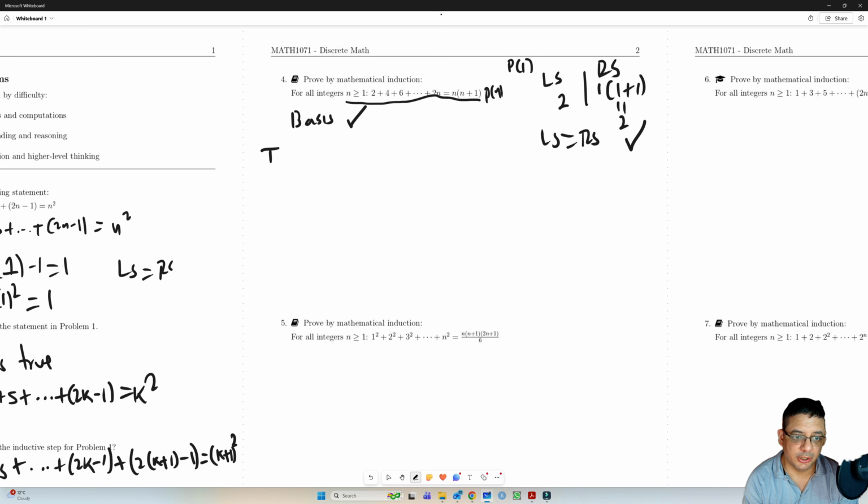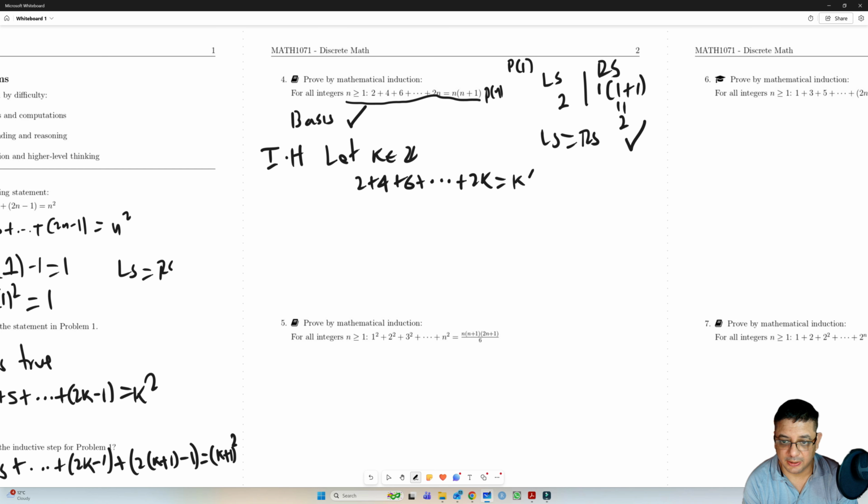Now we're going to write the induction hypothesis. Let k belong to the integers, and assume 2 plus 4 plus 6 plus up to 2k is equal to k times (k plus 1). Now we're assuming that this is true, and we want to prove P of k plus 1.